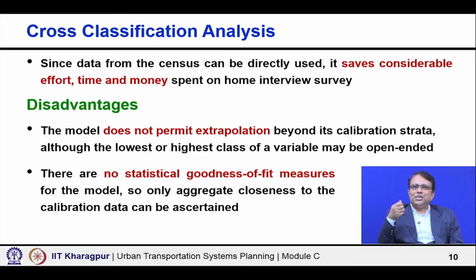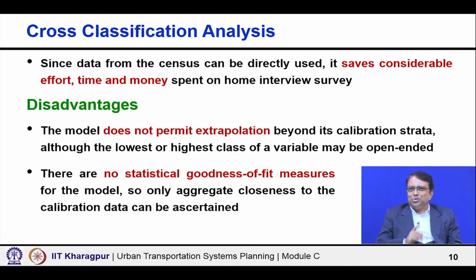Yes, my coefficient estimates are statistically significant. Yes, my R square is high, which is quite nice, and I know that the model fits the data well. But here there is no statistical goodness of fit. So, what you can match is only the aggregate prediction. Even if you want to apply it again and validate it, you can only compare the total aggregate, how much I am actually predicting, but there is no statistical goodness of fit.